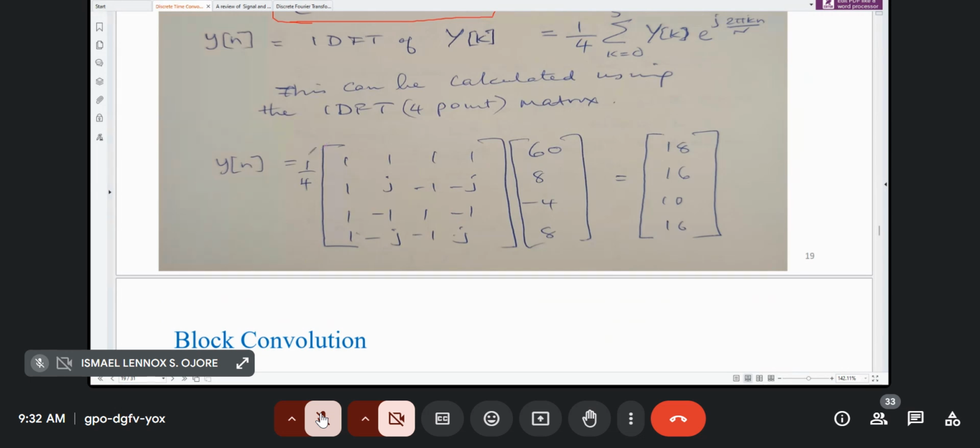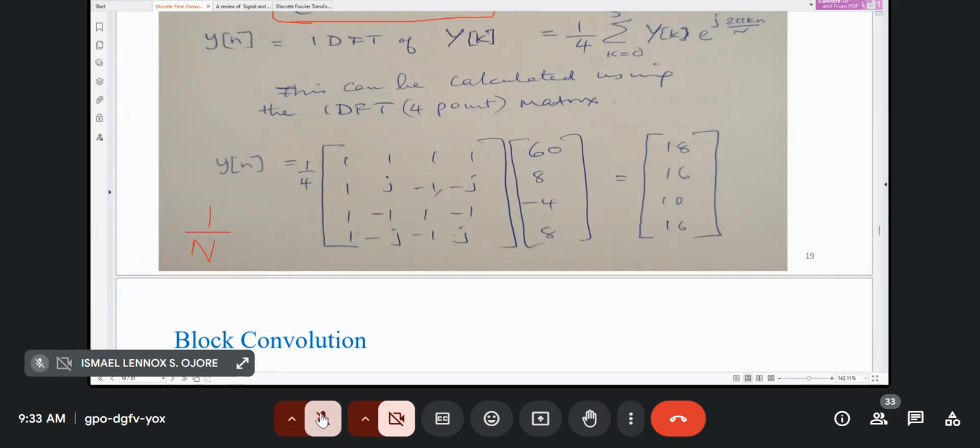IDFT is always a quarter, because of the 1 over N when you're doing the IDFT. So you're going to get a quarter for this particular DFT matrix, because it's a 4-point DFT matrix. And then of course that matrix is almost the same.